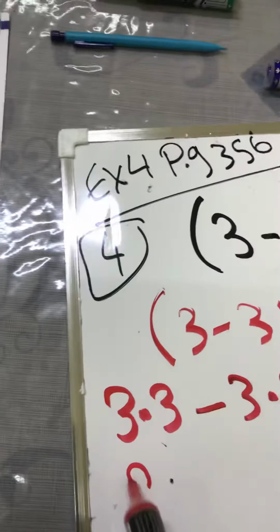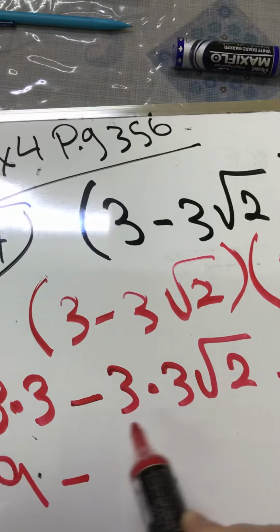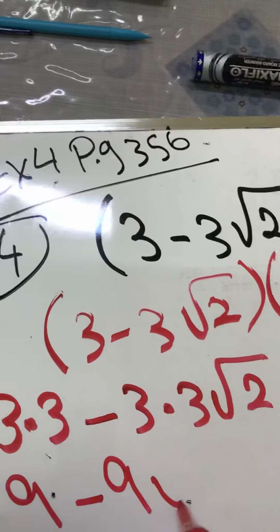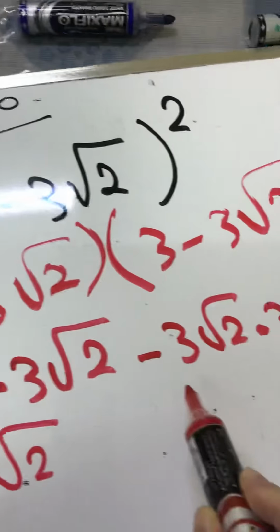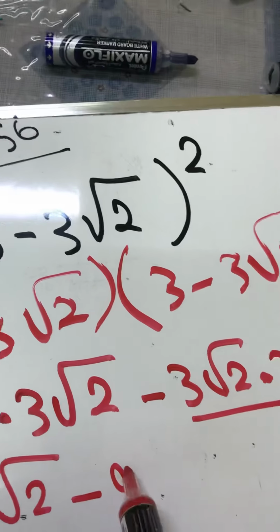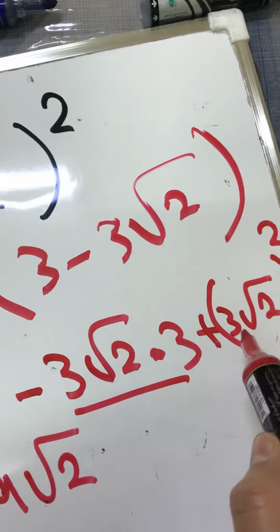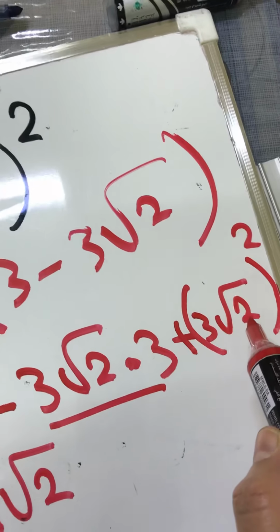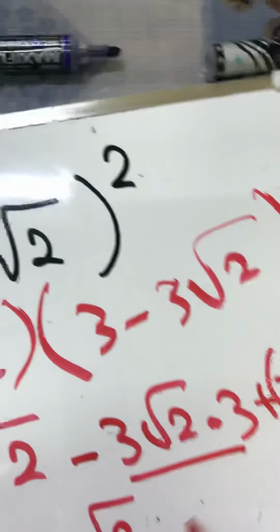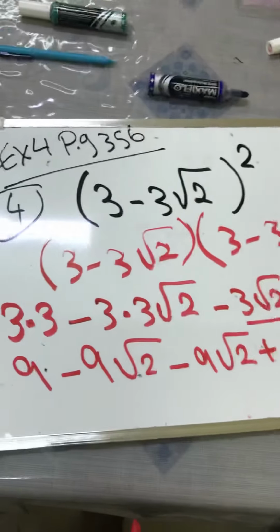Now 3 times 3 equal 9, minus 3 times 3 square root of 2, 3 times 3 equal 9 square root of 2, and here 3 multiply 3 equal also 9 square root of 2, and here 3 square is 9 and the square root of 2 square is 2, so 9 times 2 equal 18. Now simplify.